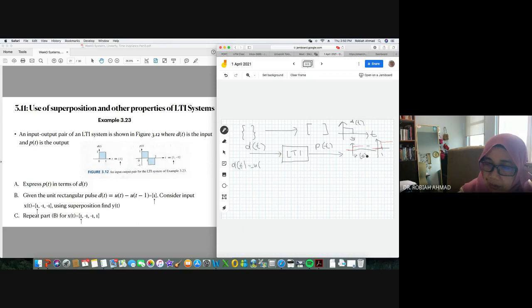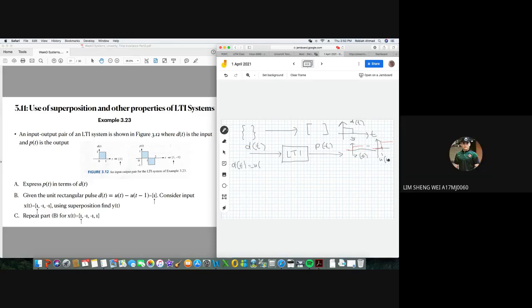And then kita belajar pasal shift, right? This one adalah UT minus ke plus? Minus 1. So kalau pergi ke sebelah kanan, remember? Shifted to the right. T minus 1. So kalau kita combine, kita akan dapat this one lah.